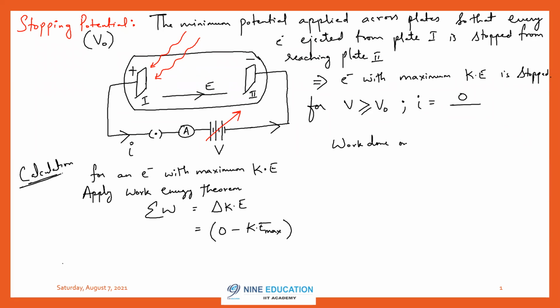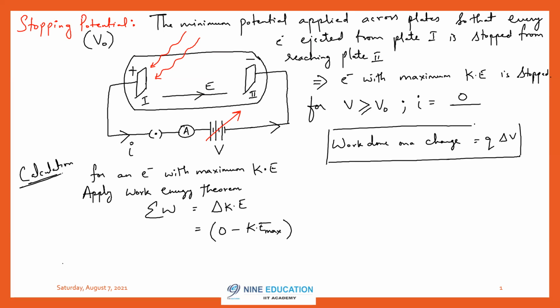Work done on a charge is equal to Q into delta V. Have you seen this in electrostatics? Yes. Work done by what? This is not a complete statement. Work done by an external force on a charge is equal to Q times delta V.